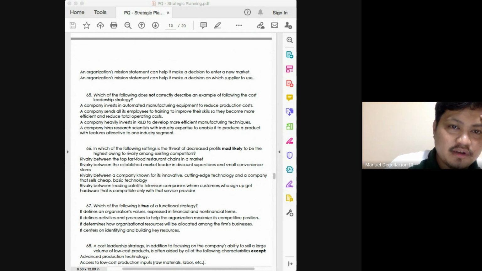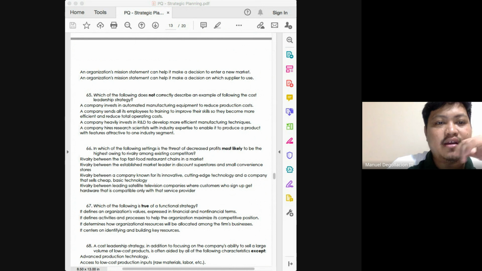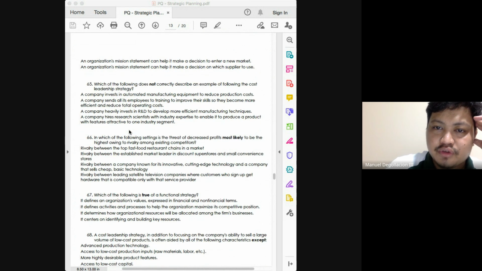I think we had a similar question to this one earlier. The answer here would be the fourth choice. A company hires research scientists with industry expertise to enable it to produce a product with features attractive to one industry segment. So this would be more on focus strategy. So the answer here would be the fourth option.